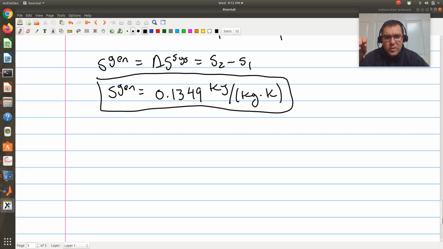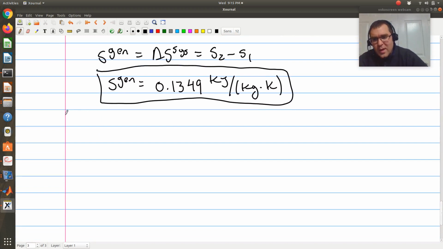Where I was a little thrown back is in the text. They define the lost work as T naught times Sgen, where T naught would be the temperature of your bath.